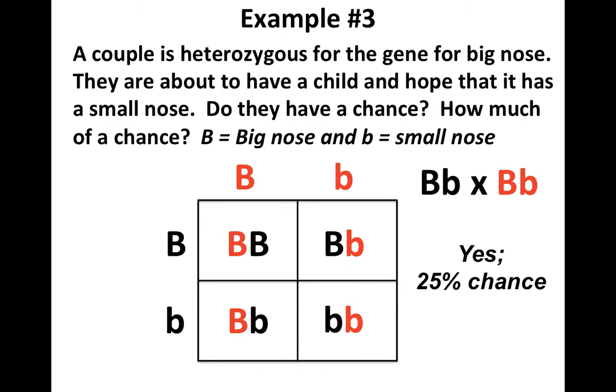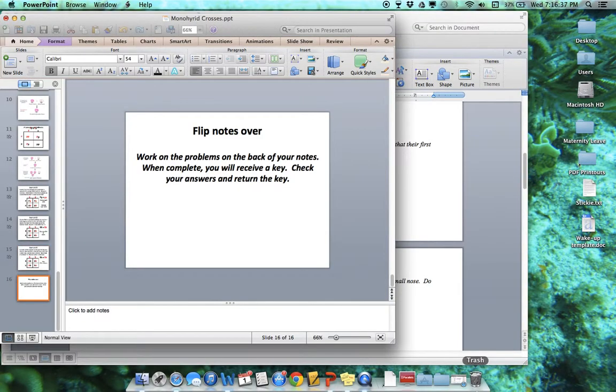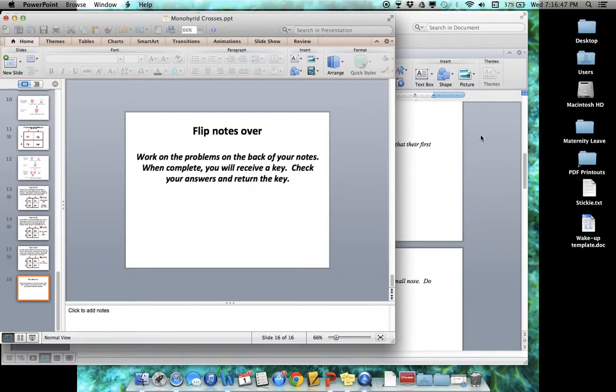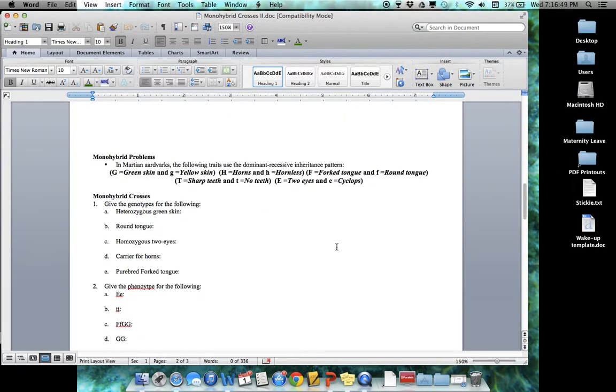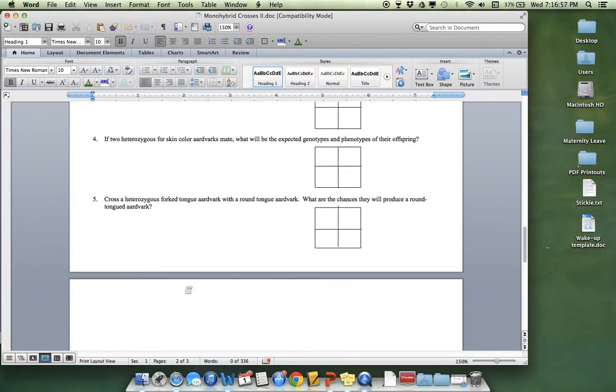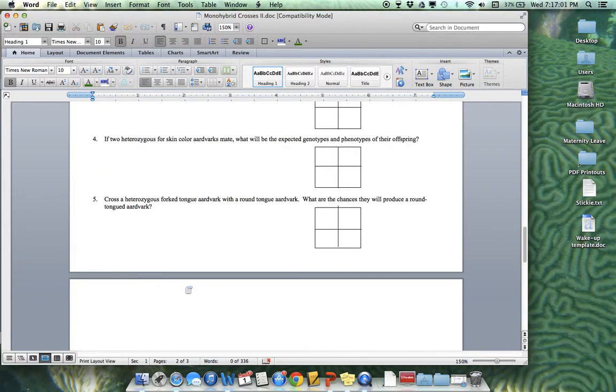So here's what's going to happen for the rest of class. On the back of your notes, if you notice down at the bottom, you have a bunch of problems. I'll go ahead and show you. You have all of this, and this is your little key up there. This is reviewing some stuff that we did the other day, and then you have 3 problems. I want you to take the time to work these problems out.